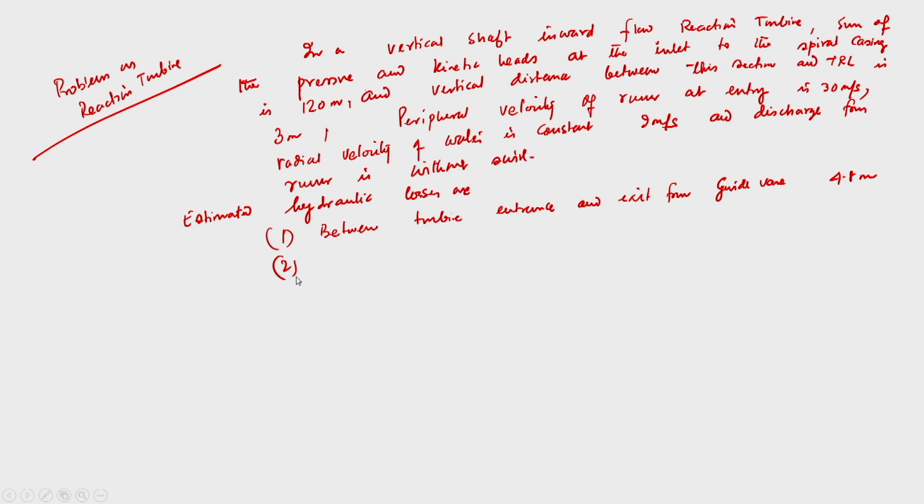Number 2, in the runner it is 8.8 meter hydraulic losses. Number 3, in the draft tube, because frictional hydraulic losses we cannot ignore, in the draft tube it is 790 millimeter.